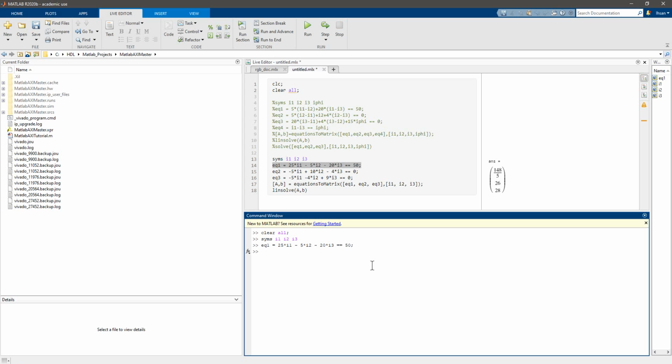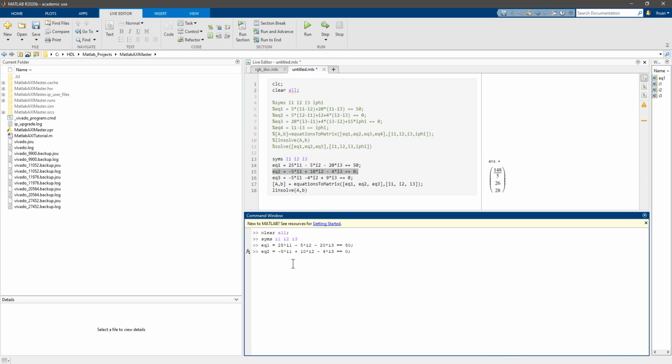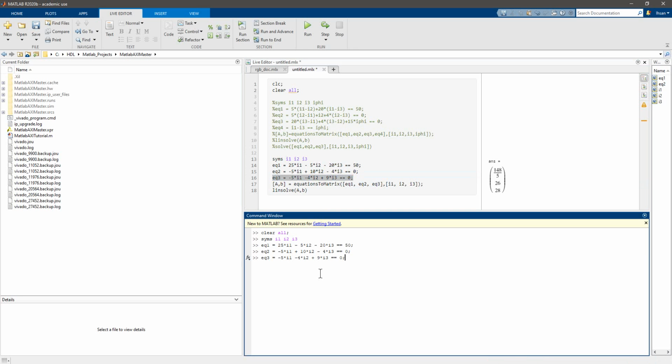I click enter, then the second equation is entered like that. Remember, we are using double equal signs to identify the equation side. Then I can simply define my last equation that's coming from the circuit. Now, I have entered my equations into the MATLAB environment.